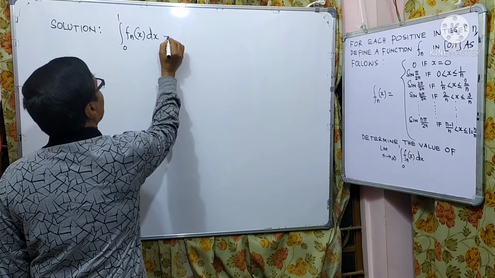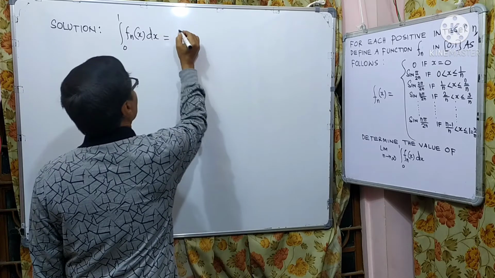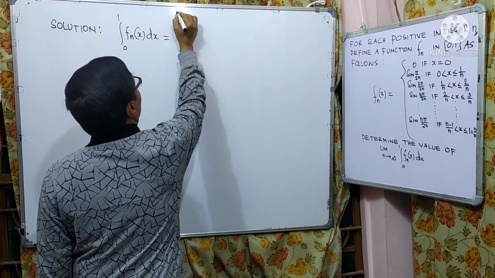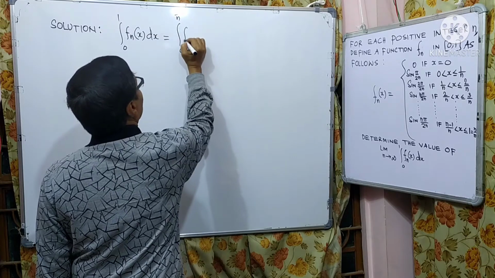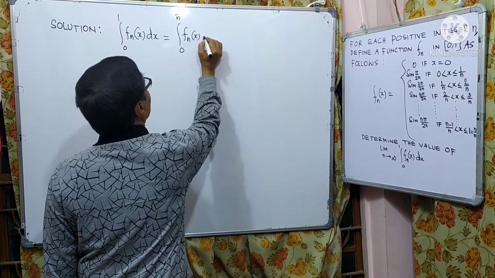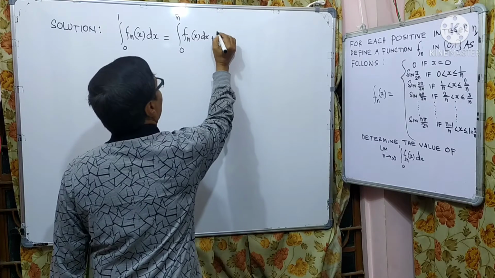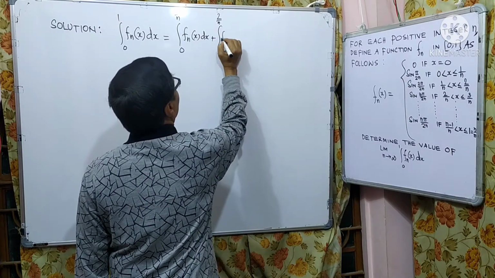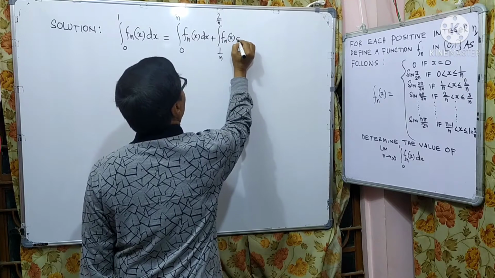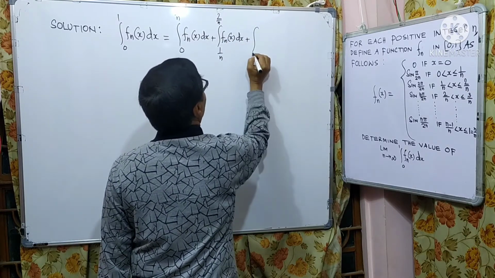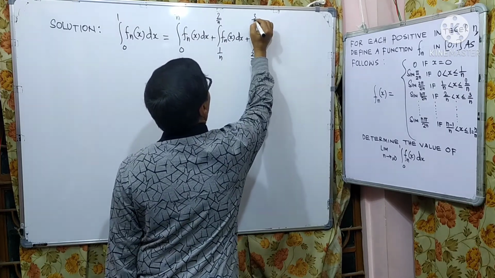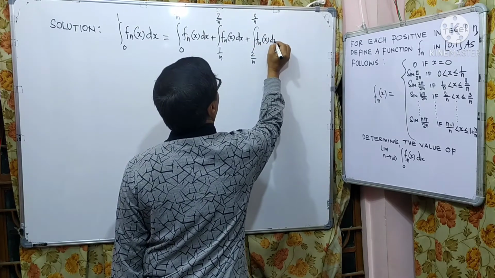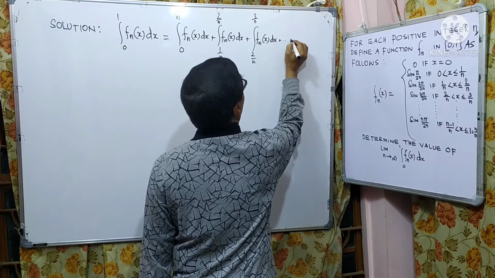From the properties of integral, we can write it as the integral from 0 to 1/n of fn(x) dx, plus the integral from 1/n to 2/n of fn(x) dx, plus the integral from 2/n to 3/n of fn(x) dx, and so on.